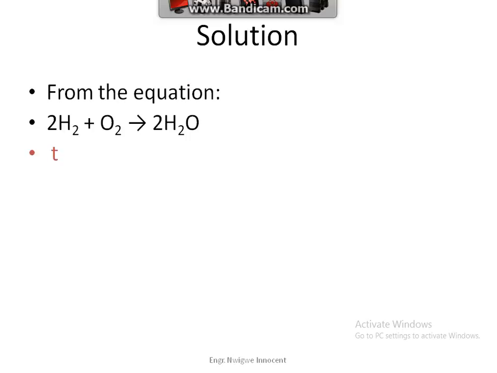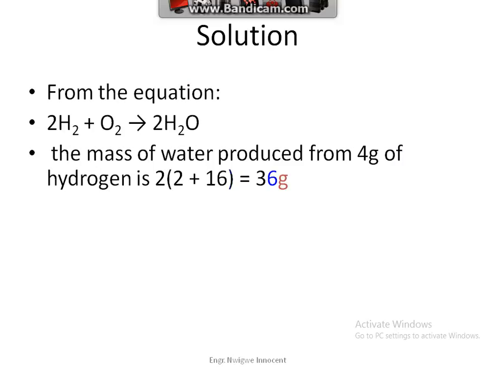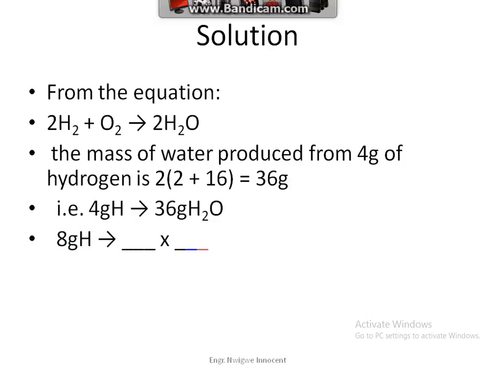The mass of water produced from 4 grams of hydrogen is 2 times (2 plus 16), which gives 36 grams. That is, 4 grams of hydrogen is equivalent to 36 grams of water. 8 grams of hydrogen is equivalent to 36 over 4 times 8 over 1, which gives 72 grams of water. Therefore, the answer is A.